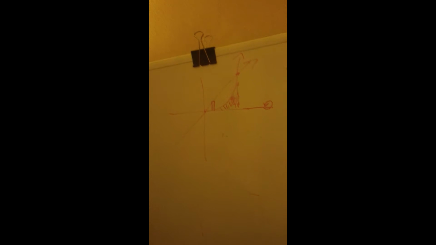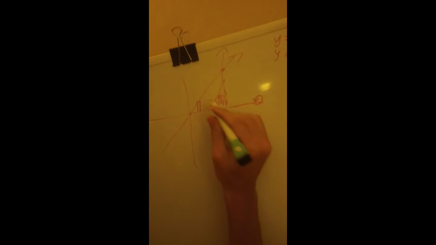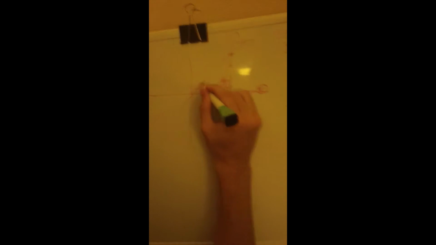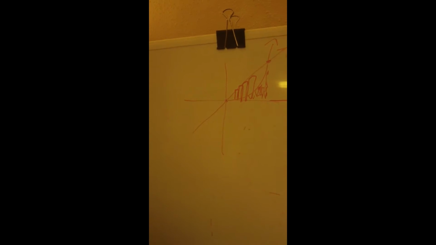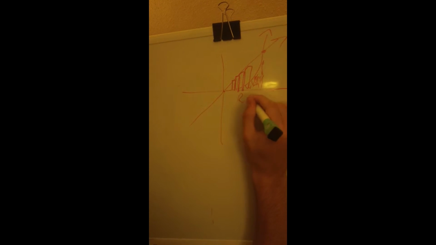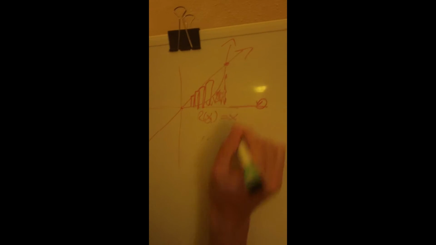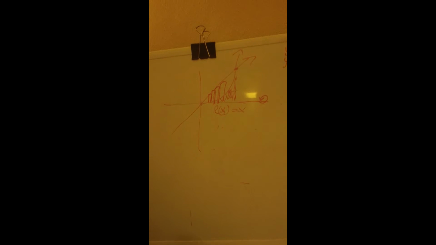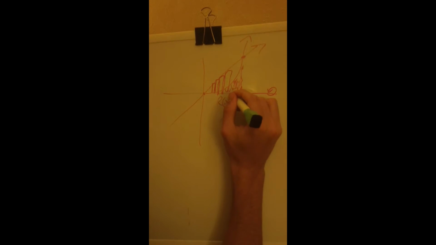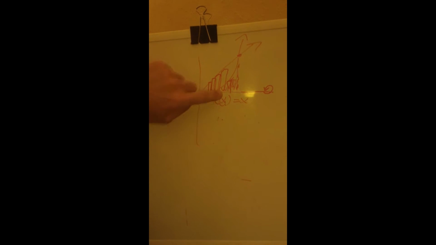So we have essentially two different functions. The big function, or the greater volume, is going to be produced when you integrate under the y equals x curve. We're going to call that R of x, and we're going to set that equal to x. And then we're going to integrate underneath the x squared.